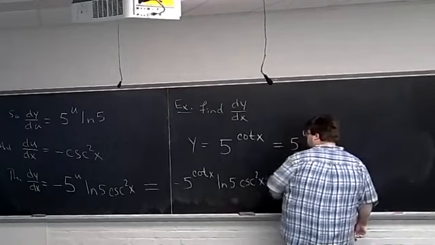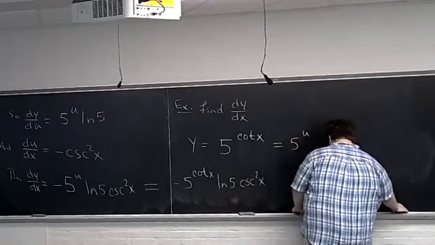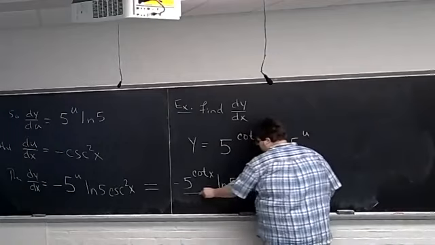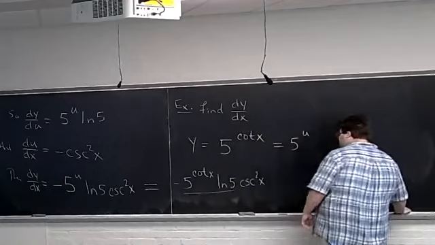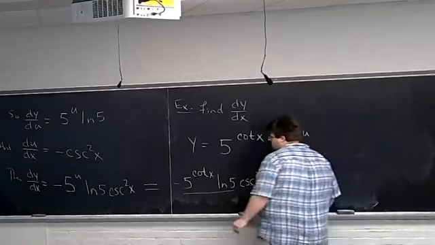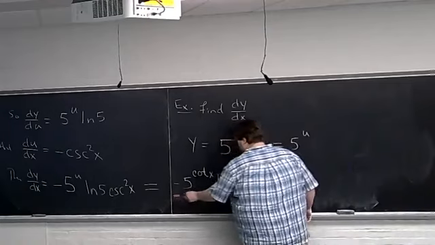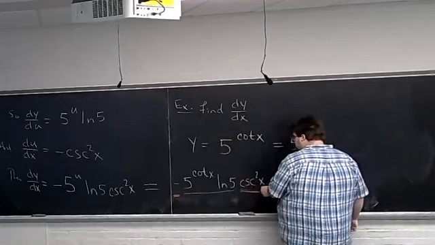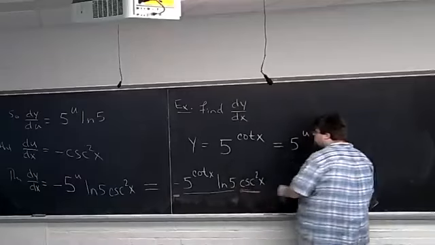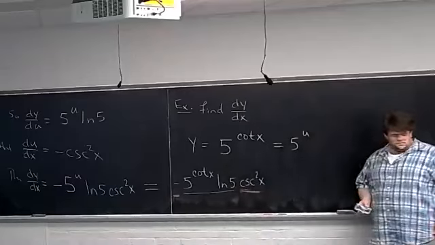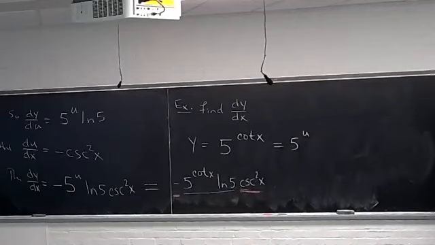Derivative of 5 to something is this piece: 5 to that thing, log 5. And then the derivative of that exponent, negative cosecant squared of x. Any questions about that one?